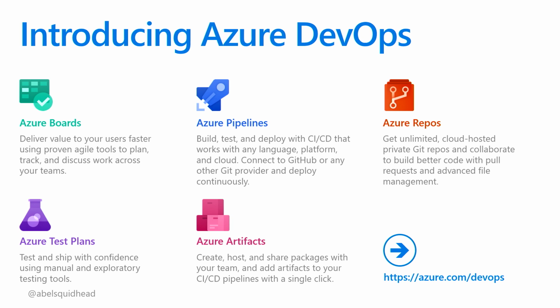So you can either have Git repos, or if you don't like the distributed nature of Git, you can have a centralized version control system as well. So there are 2 types of version control systems baked right into it. Yep. And then if you do a lot of manual testing, there's Azure Test Plans, which is a test plan suite. And then finally, Azure Artifacts, where you can store all of your artifacts for sharing as well.